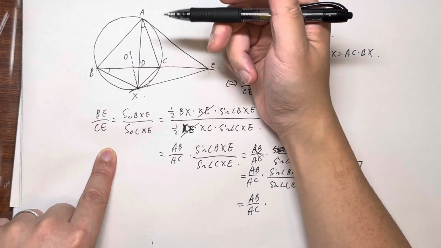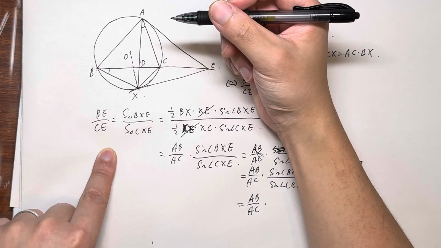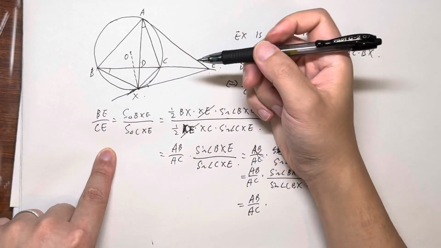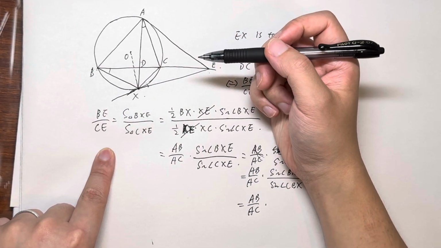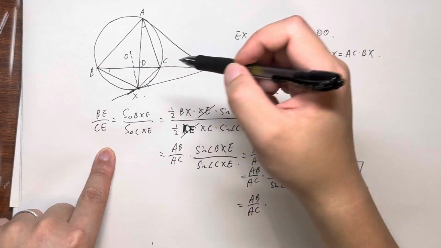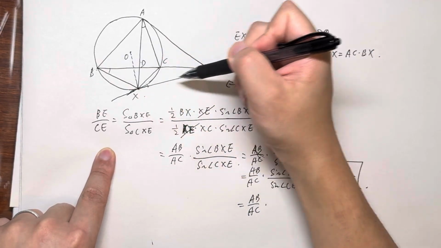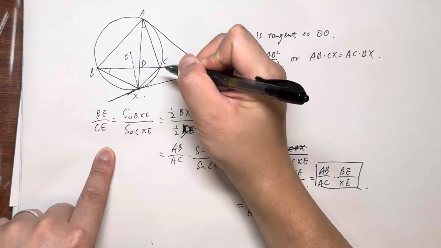Because this is a tangent line, right? So actually, for sine BXE, let's extend this tangent line to here.